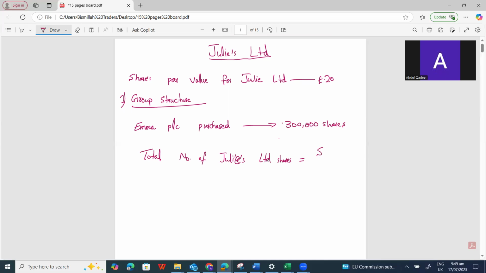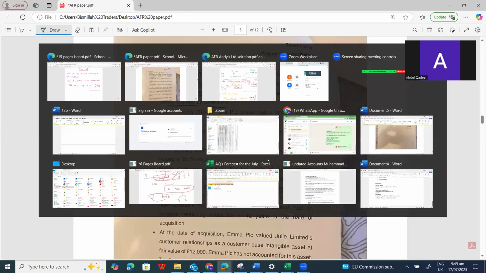As you know, it is share capital divided by par value. We check the share capital, which will be provided in the individual financial statements.